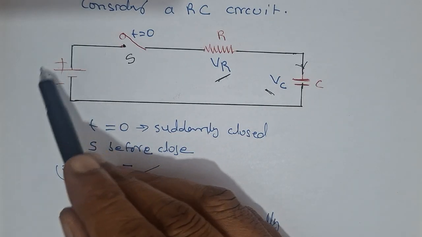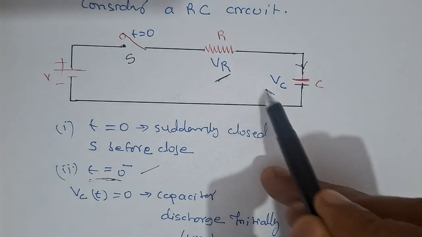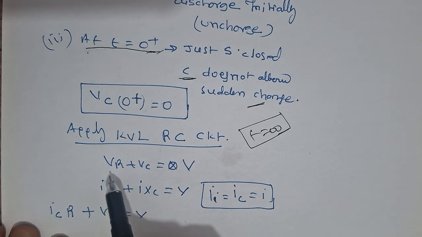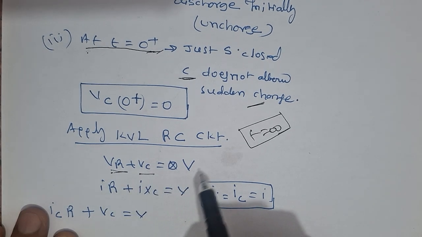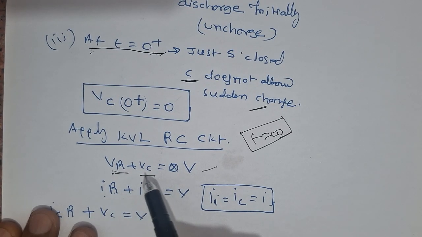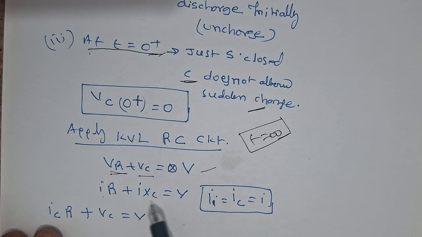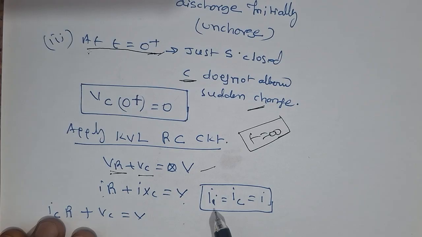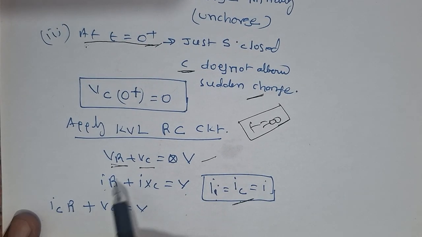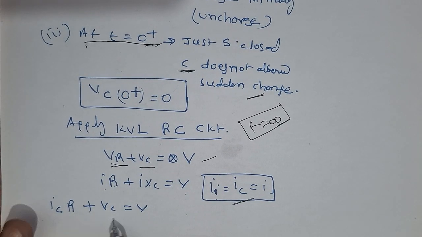When I apply KVL, the input voltage is equal to the sum of the voltage drops, so VR plus VC is equal to V. VR is current into resistance, and VC is current into capacitive reactance XC. In both cases I equals IC, because the current is the same in a series circuit. So writing IC instead of I, IC R plus VC is equal to V.